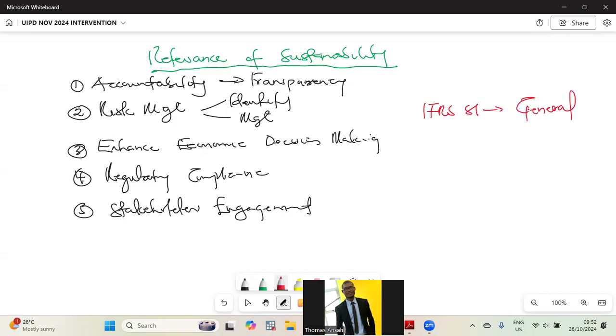It requires you to disclose your material sustainability-related activities using the 4 pillars. Then IFRS S2 is solely about climate-related requirements, or climate-related disclosures.